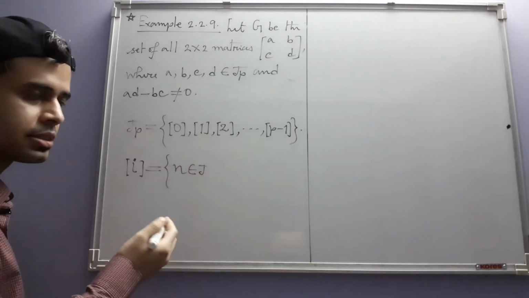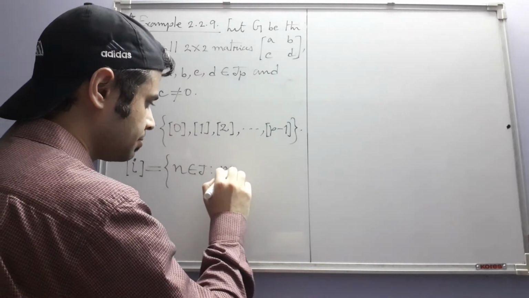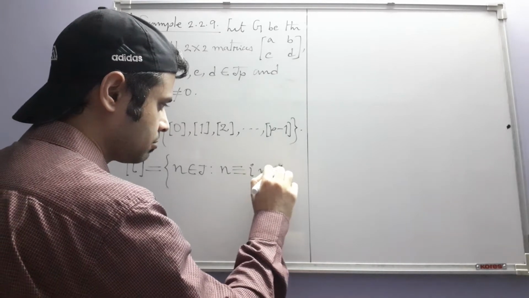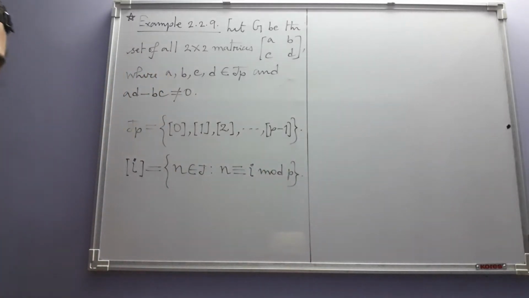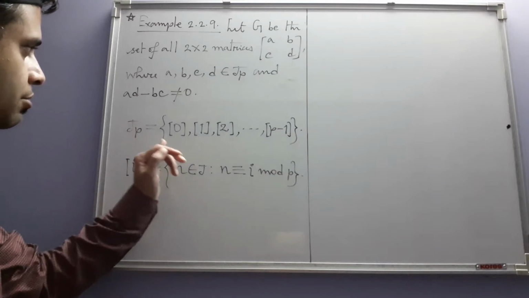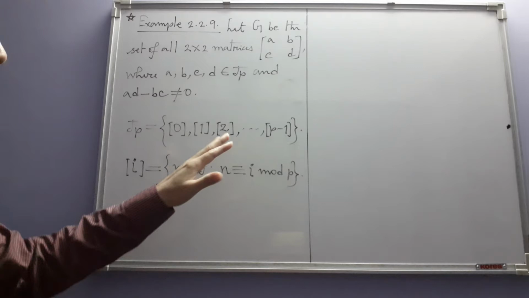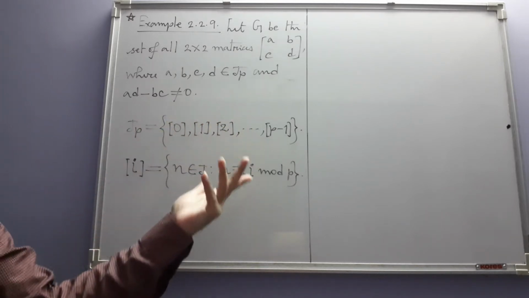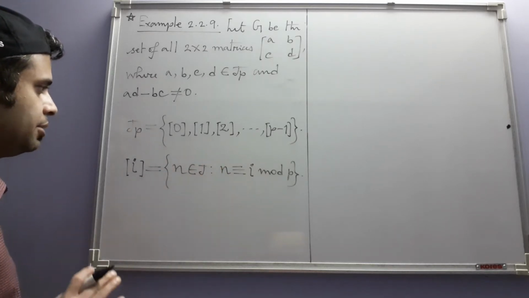By j we mean the set of integers such that n is congruent to i modulo P, where P is some prime. Although we say that these are integers modulo P, you should keep in mind that these are not ordinary integers. They are congruence classes. Each one of them is a set of integers. So that's what JP is.